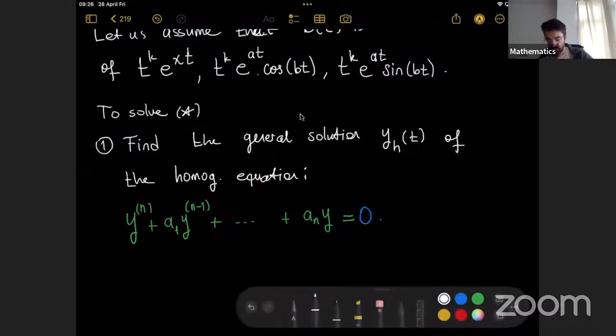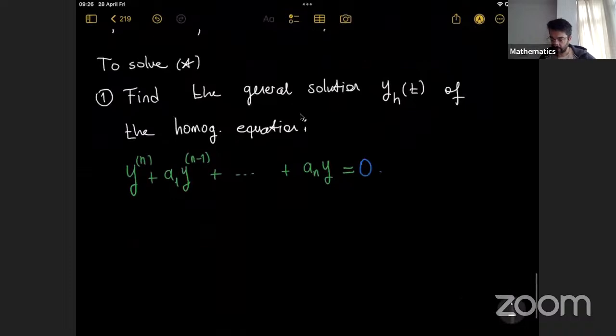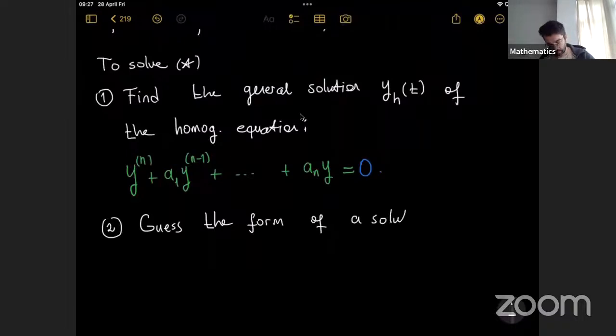So we try to guess a particular solution. Second, guess the form of a solution, let's call it y sub p. P is for particular, okay?